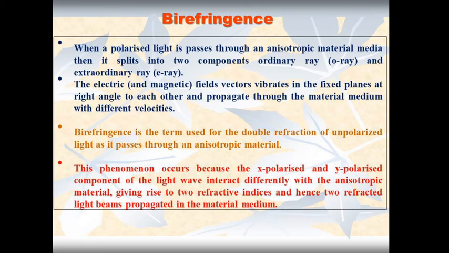This is the reason why we get two refractive indices. The electric and magnetic fields vibrate in fixed planes at right angles and propagate through the medium with different velocities.